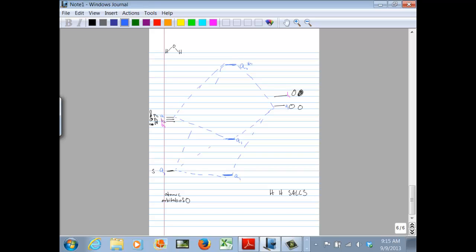If you wanted to draw what they would look like, the A1 would have the most S character from oxygen. The second A1 would have the most PZ character as far as the oxygen orbitals go. And the A1 star would also look more like the PZ than it would the S orbital from oxygen.